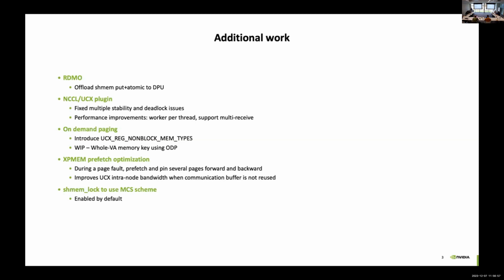So there would be a single operation, a single active message sent from the initiator to the target DPU. That message would contain the address of the atomic variable and maybe the base address that we want to write data to. The DPU would be able to execute an atomic operation on the target side, and after the atomic operation is done, it would write the data into the calculated offset.